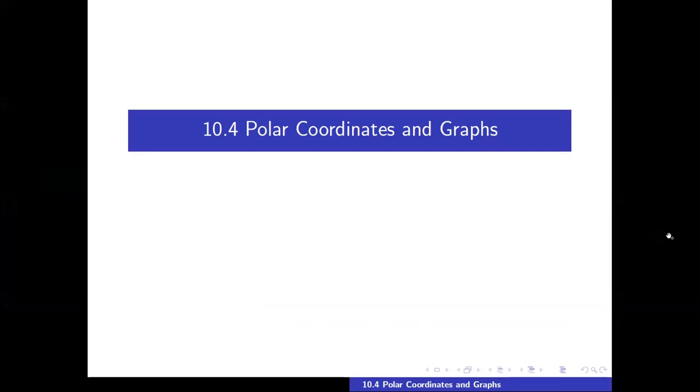Okay, which is polar coordinates and graphs. Now, what polar coordinates is all about is really just another way of thinking about representing points in the plane, okay? So far, representing points in the plane, you have an X and you have a Y, correct?